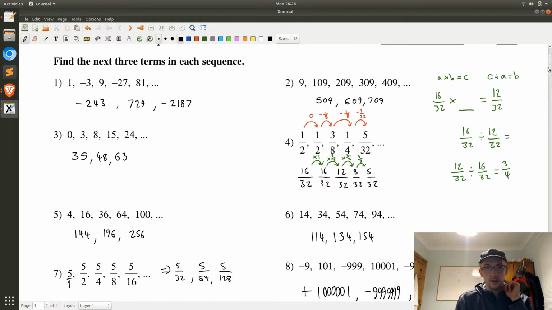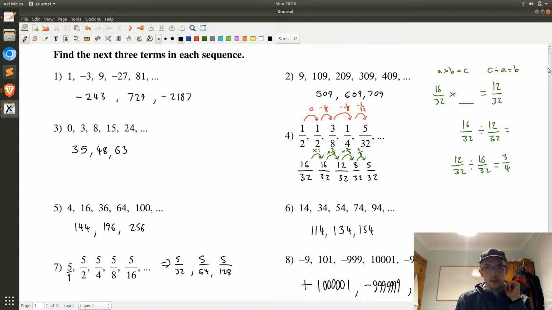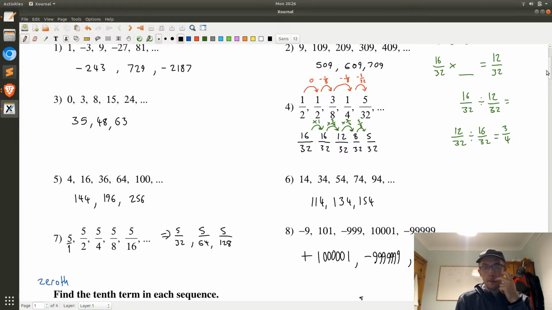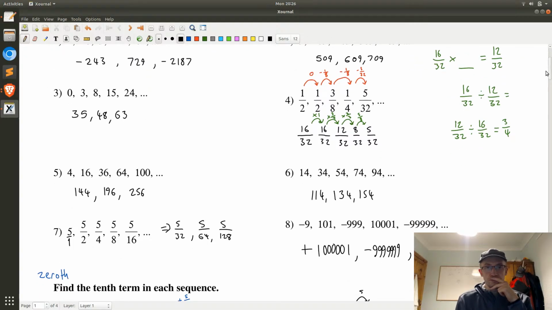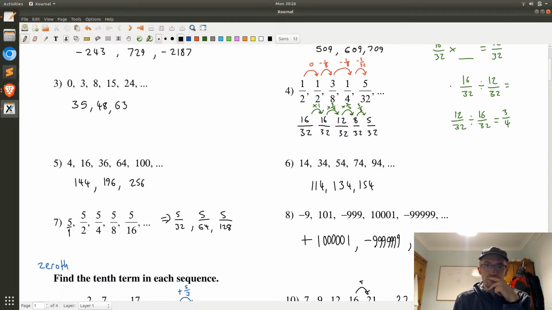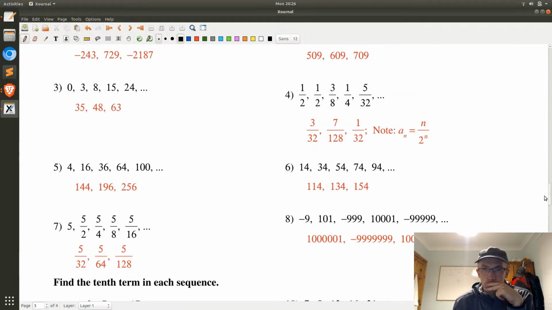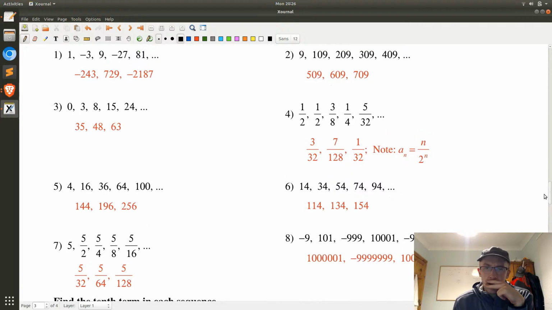Oh yes, problem 4. 1 over 2, 1 over 2, 3 over 8, 1 over 4, 5 over 32. Oh my goodness me.